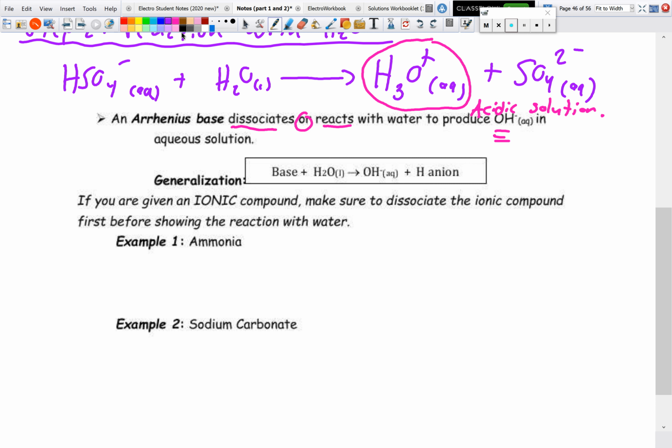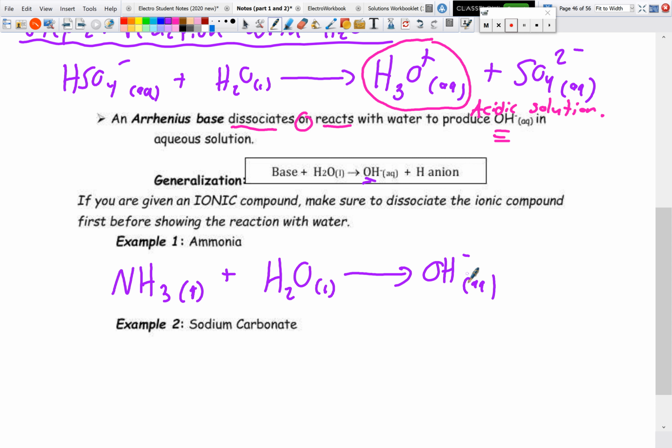So for example, ammonia is NH3. If we wanted to show how this can act as a base, it will need to react with water to produce, now, our hydroxide is going to show up. Now, notice hydroxide is basically water missing that one hydrogen.